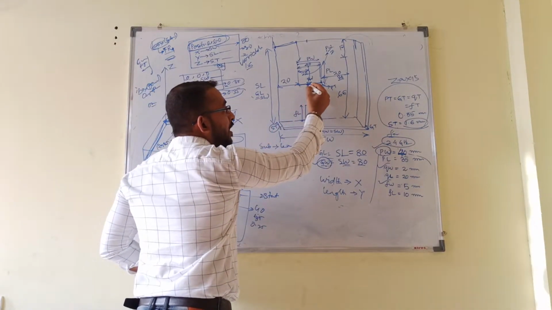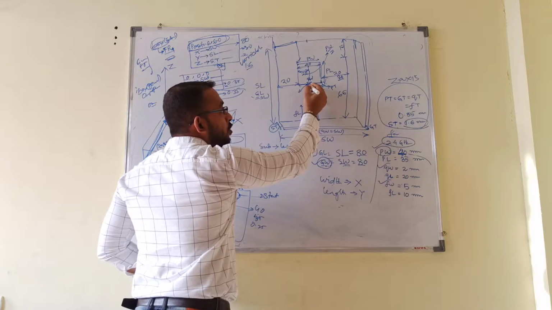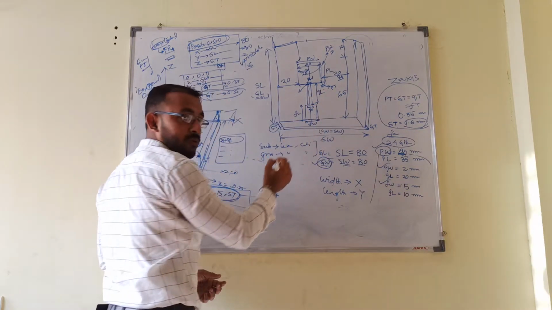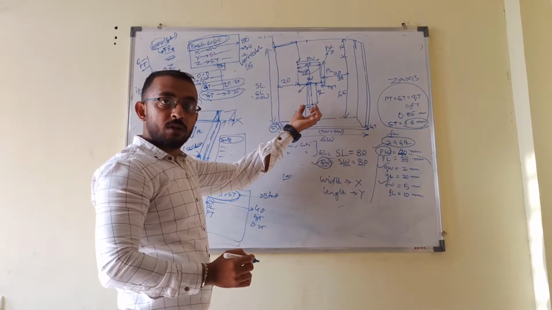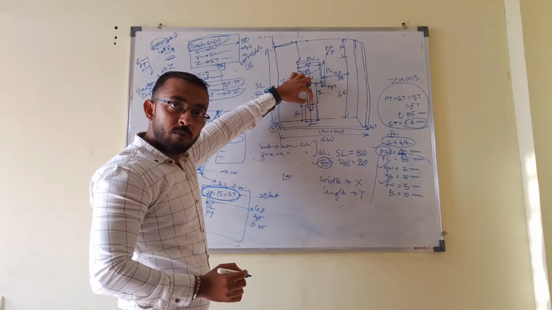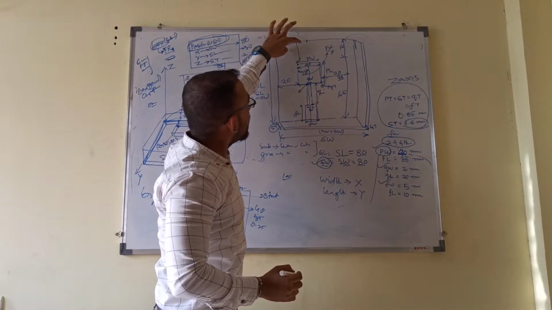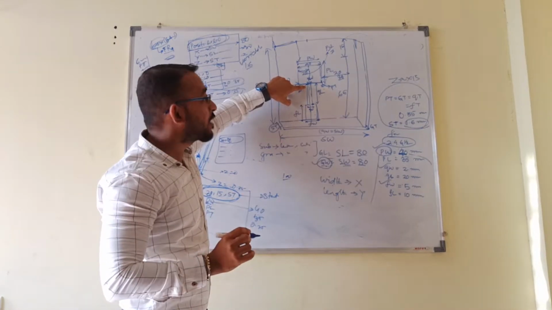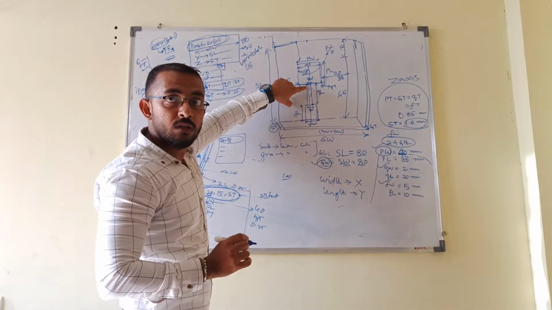But I need the position of this one. Since the whole width is QW, the half of this will be QW by 2. It means this distance plus this distance minus QW by 2, and then I will get this point. Yes or no?